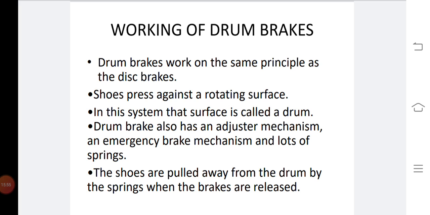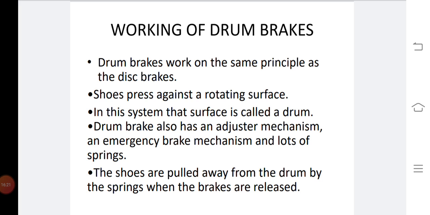To compensate for this problem, leading and trailing shoe type brakes are used in the rear brakes. So these are the one leading, one trailing, and two leading shoes type of braking systems.